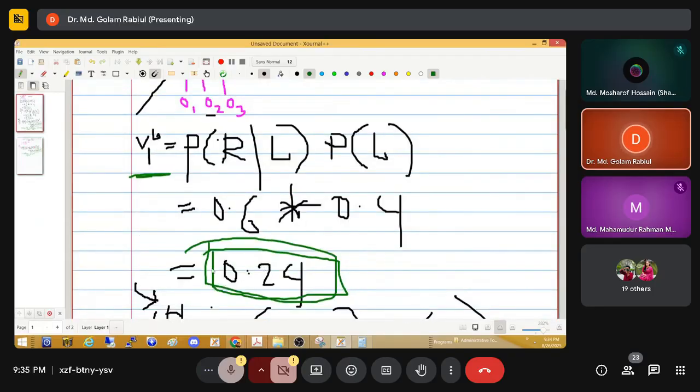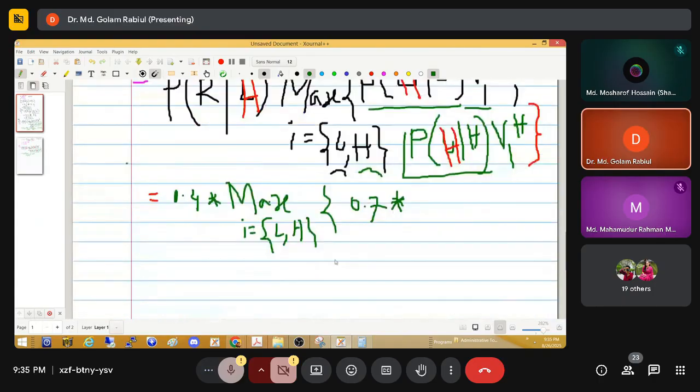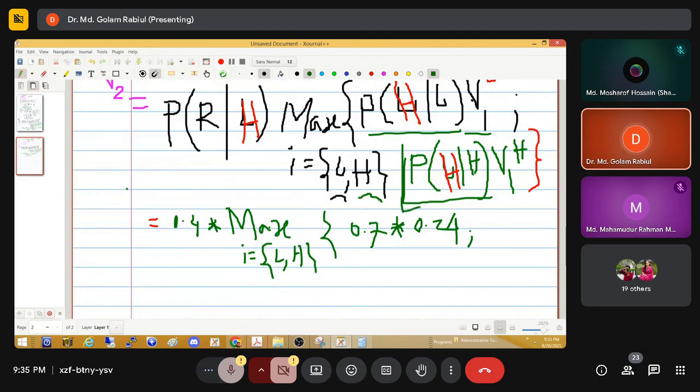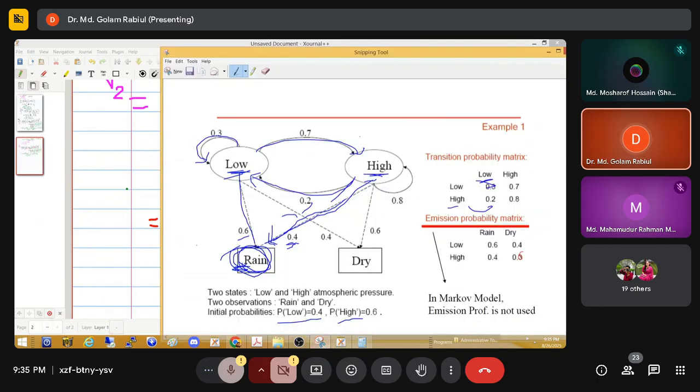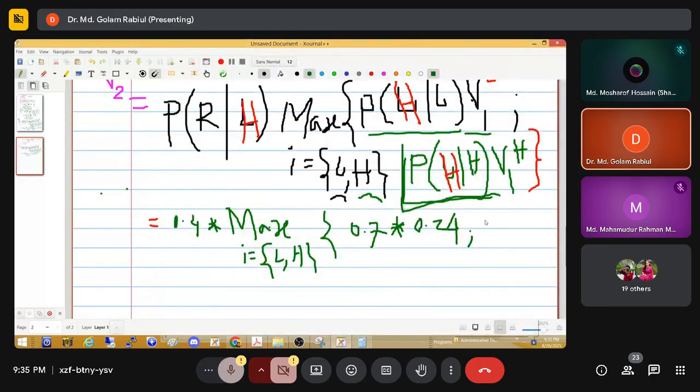Then we consider the probability of H to H, high to high, which is 0.8, and V1H is also 0.24.